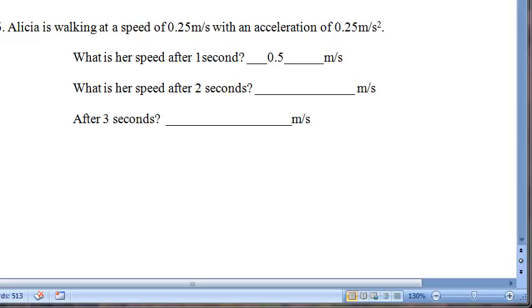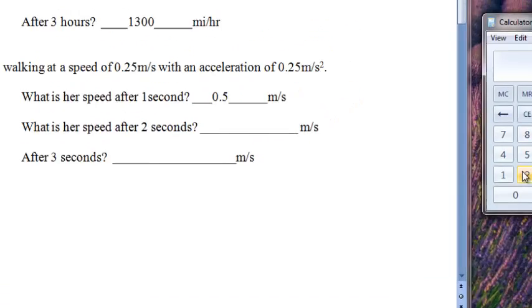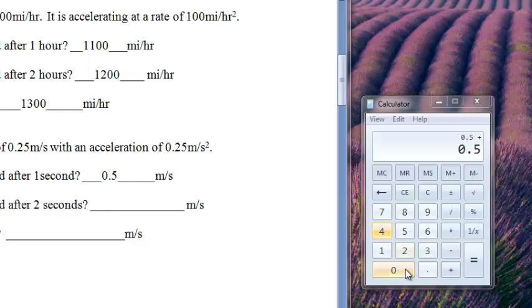So on the calculator, for 2 seconds, I could add another 0.25, and I end up with 0.75 being her speed.